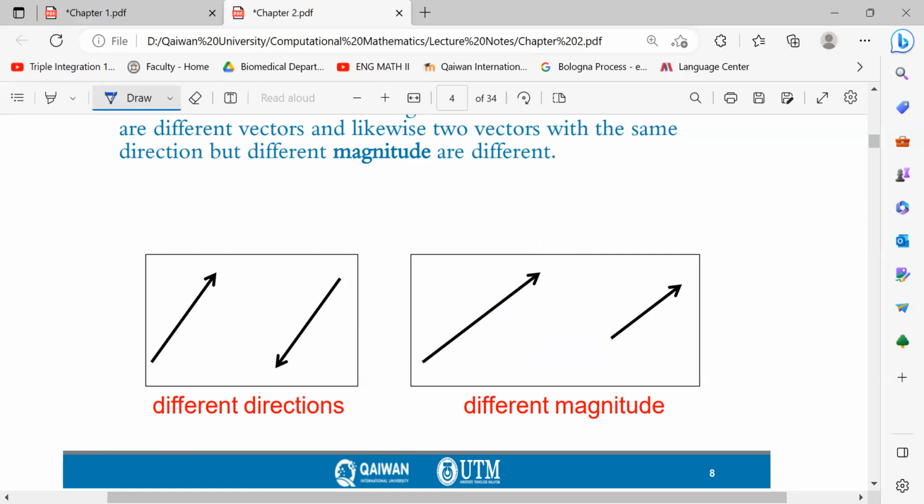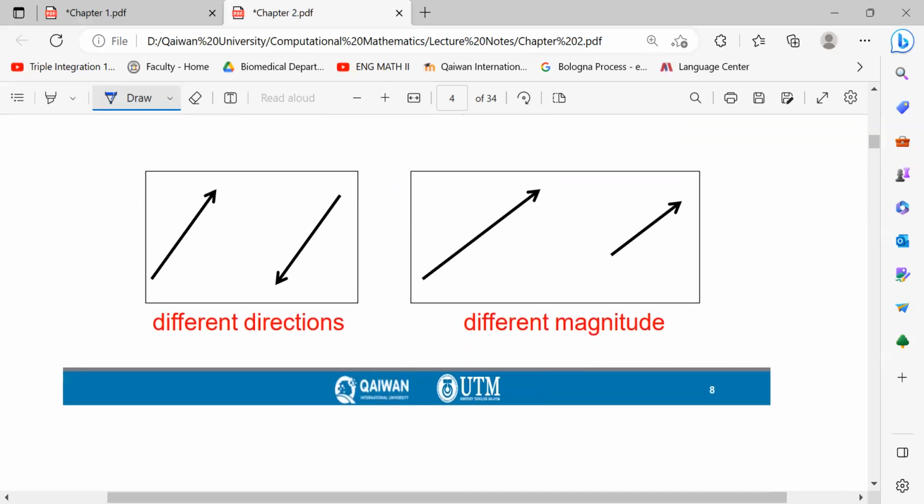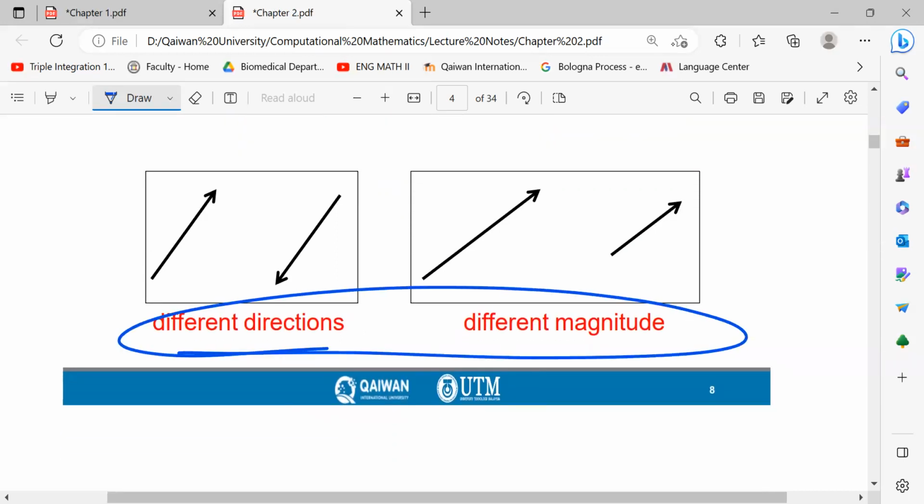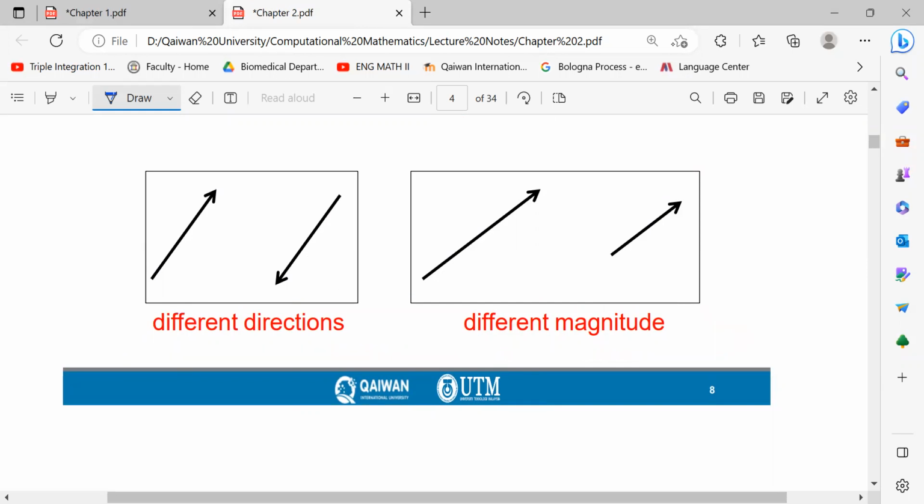That means these two vectors are not equal. In two cases, we say two vectors are not equal: if they have different directions, or if they have different magnitude or length.